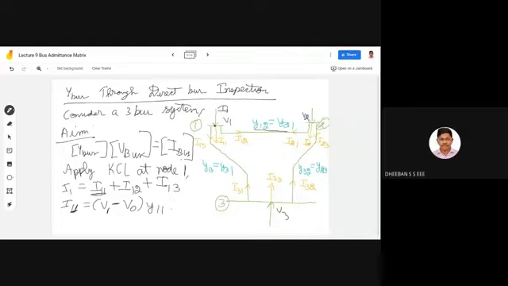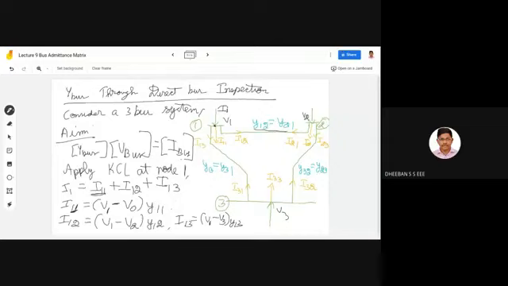And after this, your I12 corresponds to V1 minus V2 into Y12. At the same time, your I13 corresponds to V1 minus V3 into Y13. So these are the current values.